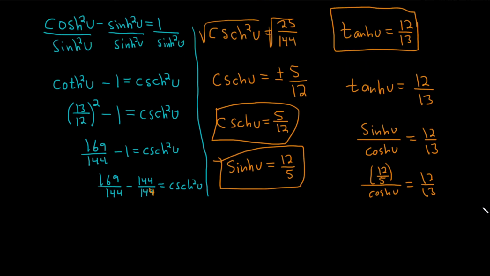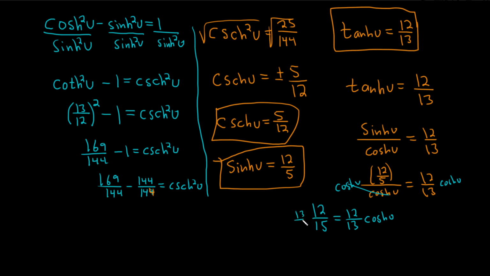So let's go ahead and multiply both sides by a hyperbolic cosine. These cancel, so we get 12 over 5 equals 12 over 13 times hyperbolic cosine of u. And then to finish, we can multiply both sides by 13 over 12.